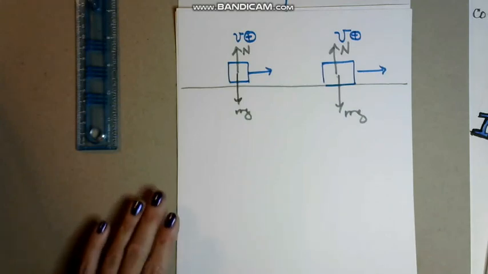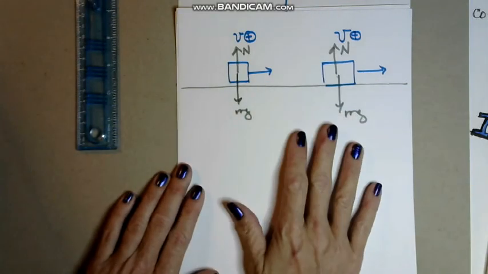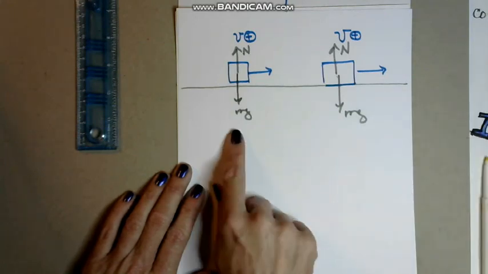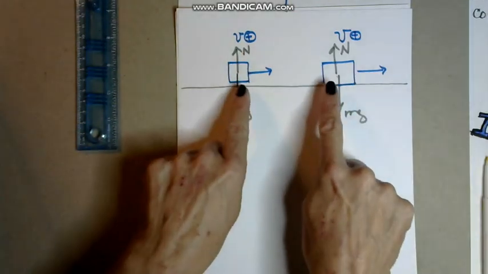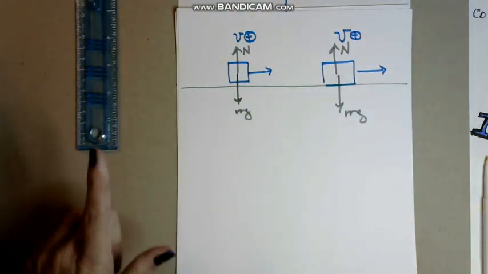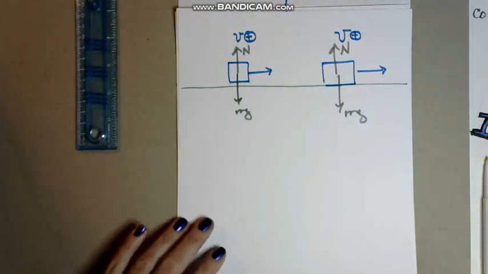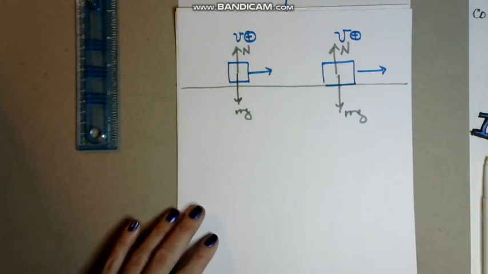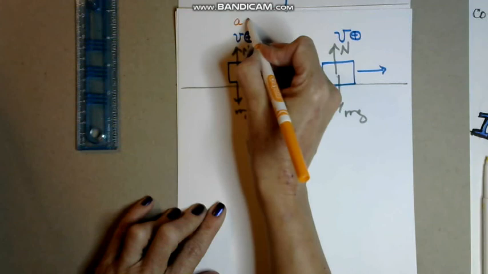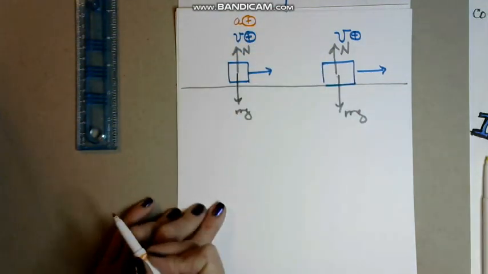Let's look at these two blocks. Same block, same representation, right? So what I've got is both blocks are moving at a constant velocity. All right, we're going to say constant velocity. Now I'm going to apply a force. In other words, I'm going to go ahead and give this one an acceleration in the positive direction.